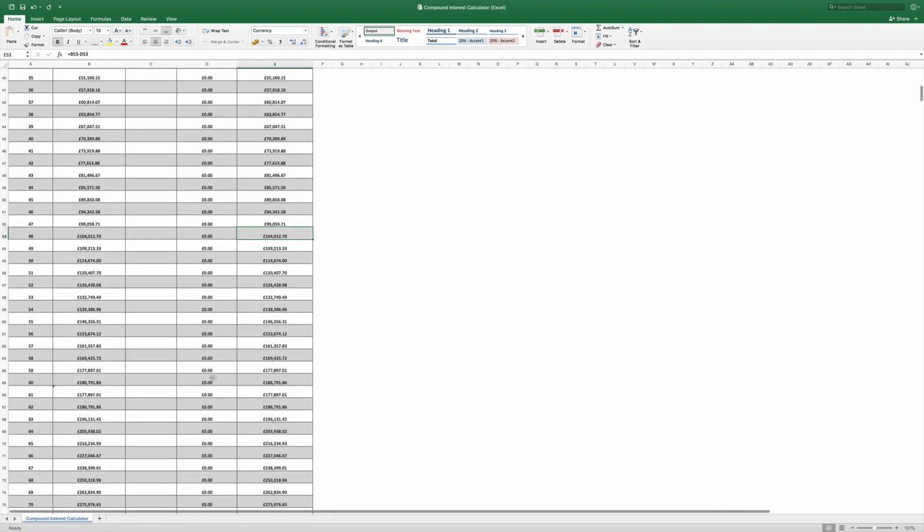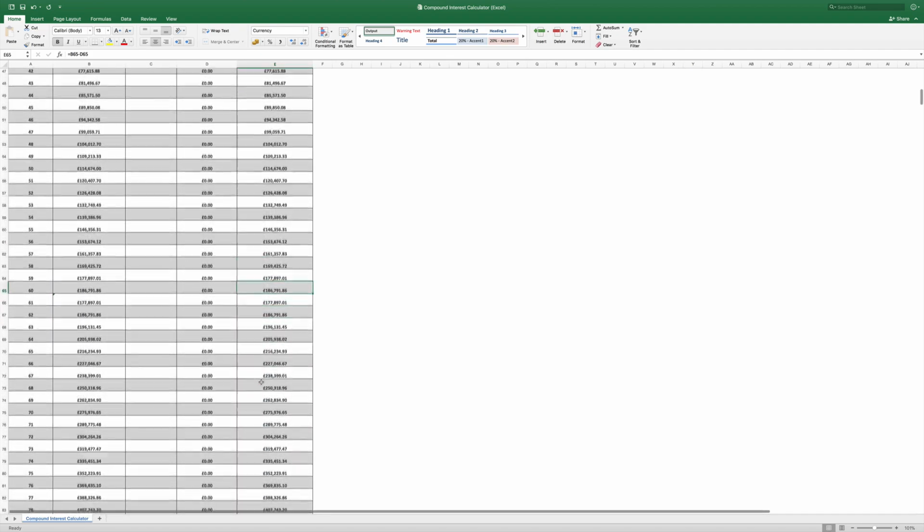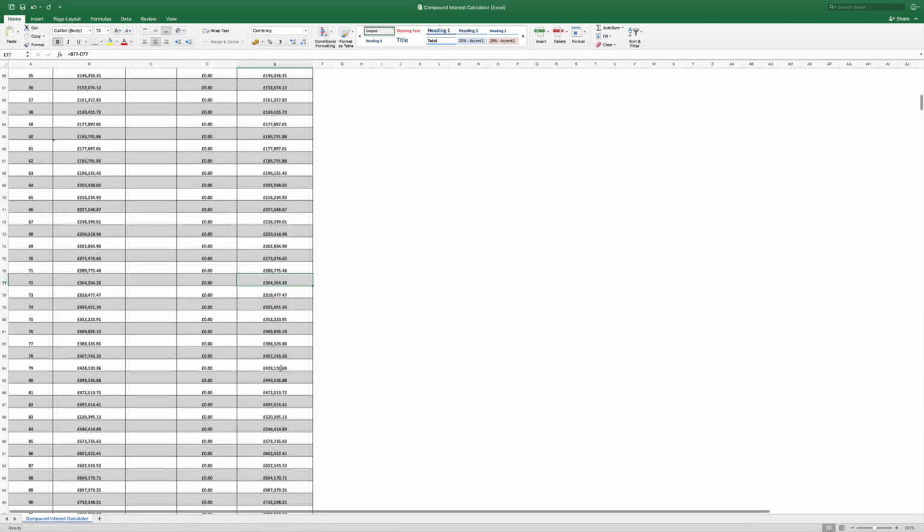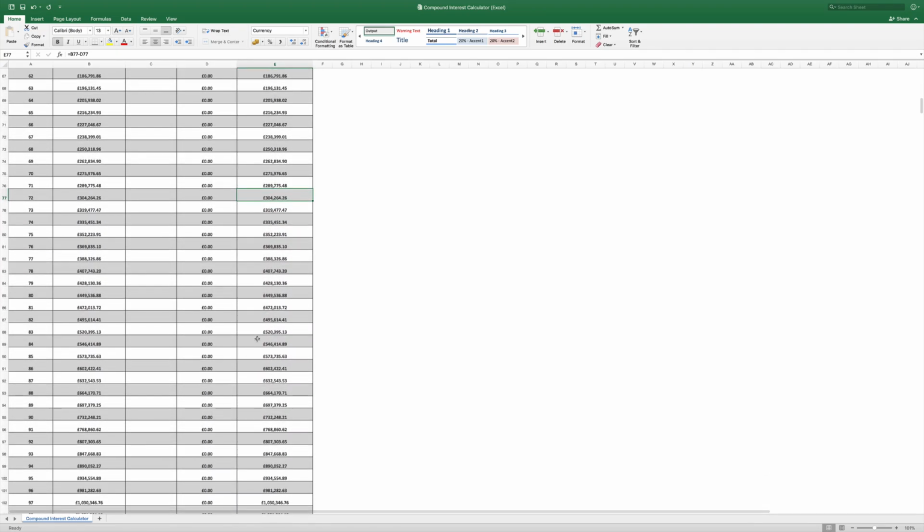Then we go to the 5-year period, just below £200,000 or $200,000. The starting point was 10,000. We then go to 72, which is 6 years. 304,000. We can see how quickly this compounds every single year. Then we go to 84. 546,000.